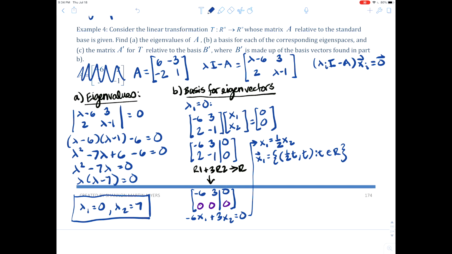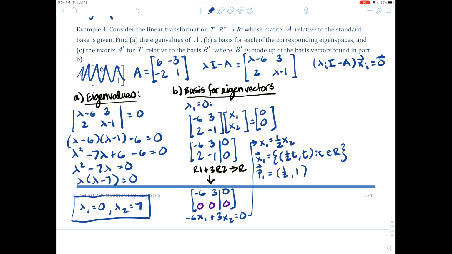So this here is the eigenspace corresponding to lambda equal to 0. And the basis, we're going to call it P1, would be, just let t equal 1, and we'll get (1/2, 1).